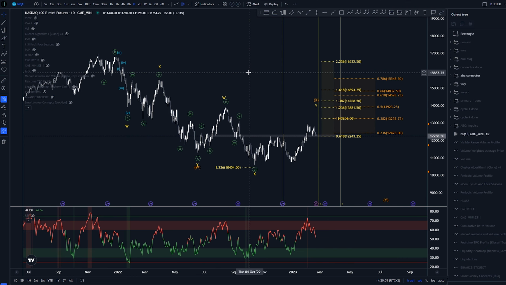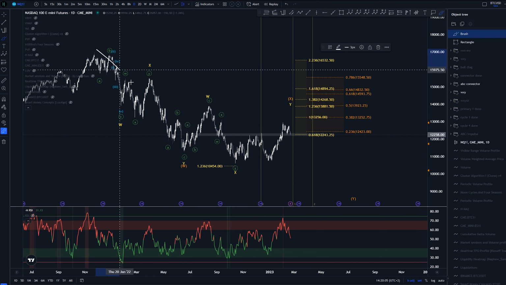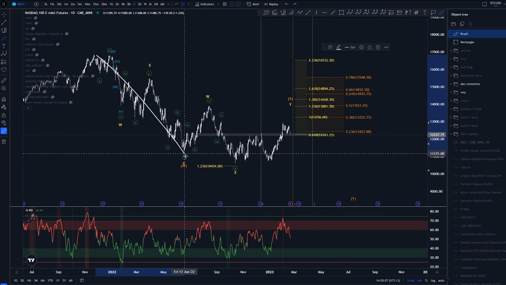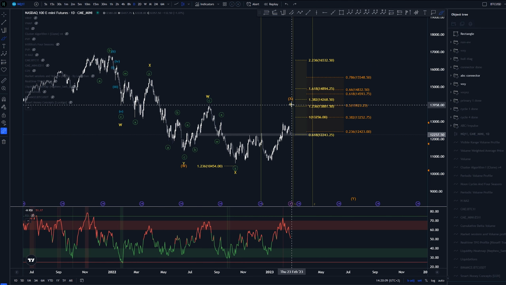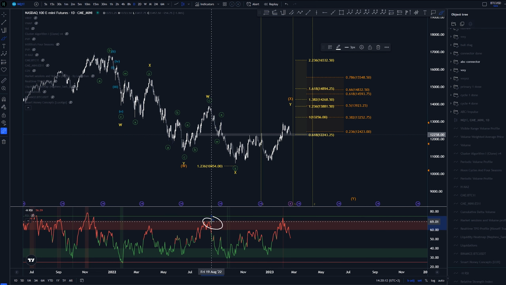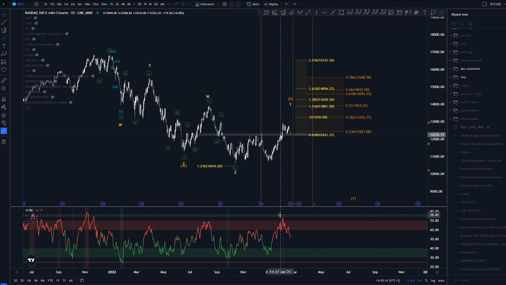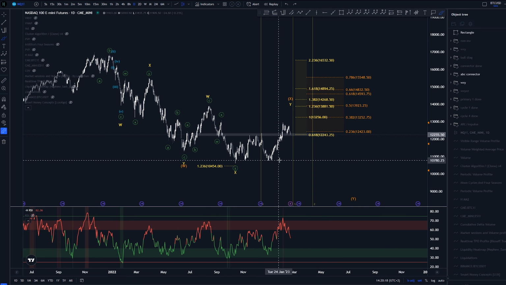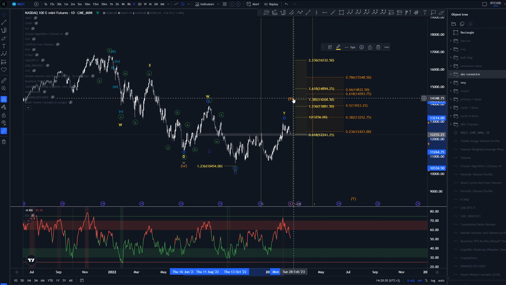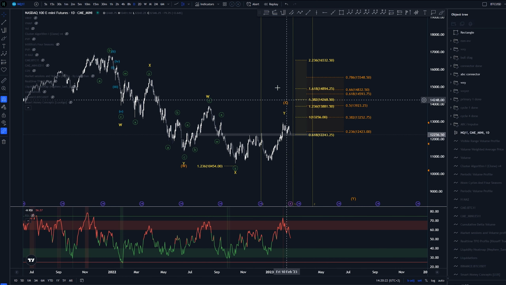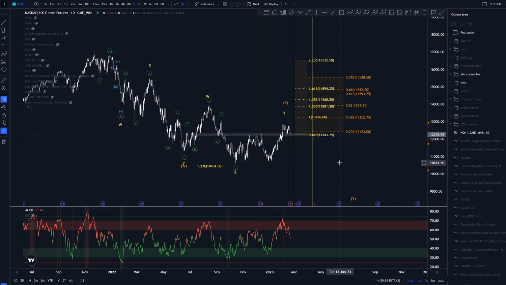One of them is this one, which is my main, where we would have this as a WX and then Y. This wave Y has now taken out the highs we had here in August 2022 on RSI, so we have divergences going here. But yeah, this is my main and has been for quite a long time.